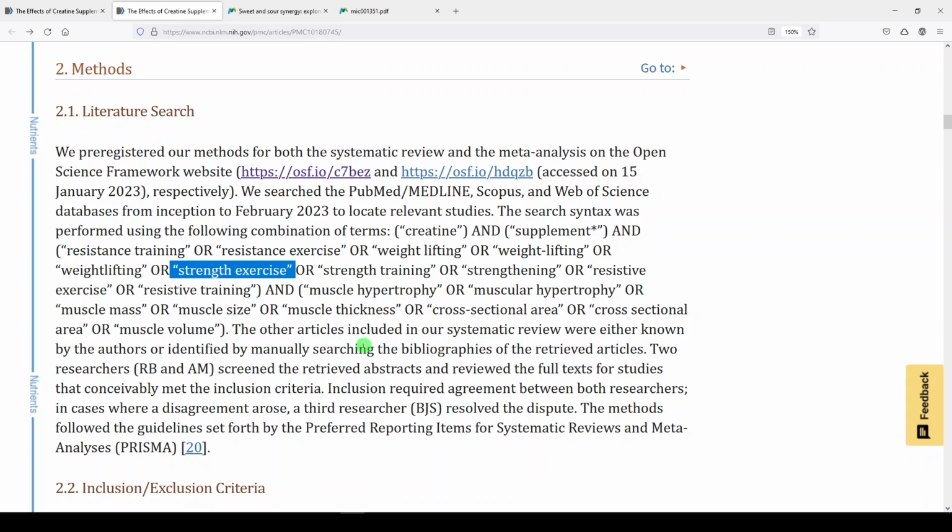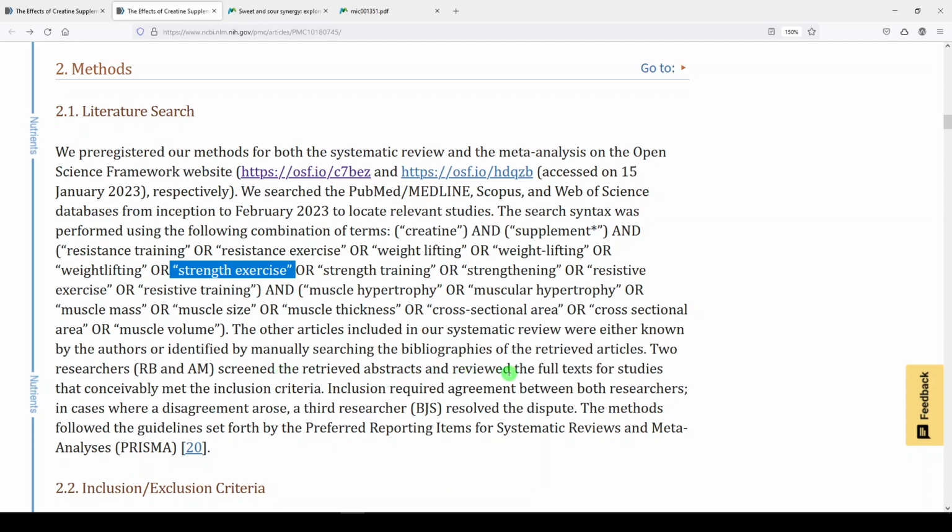And the other articles included in our systematic review were either known by the authors, okay, that's fair, or identified by manually searching the bibliographies of the retrieved articles. That's also something that Prisma Search Extension recommends, searching the citations. 2 researchers screen, perfect. We do want 2 researchers to screen the titles and abstracts to avoid bias.